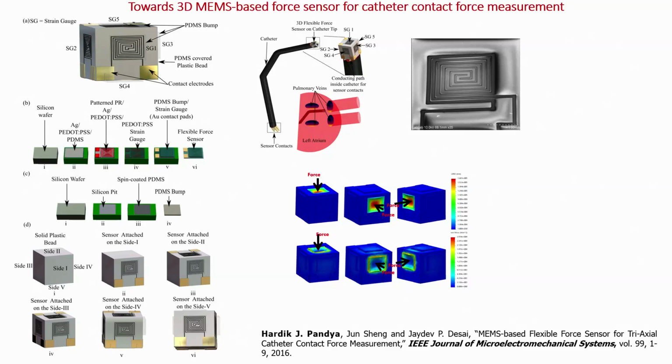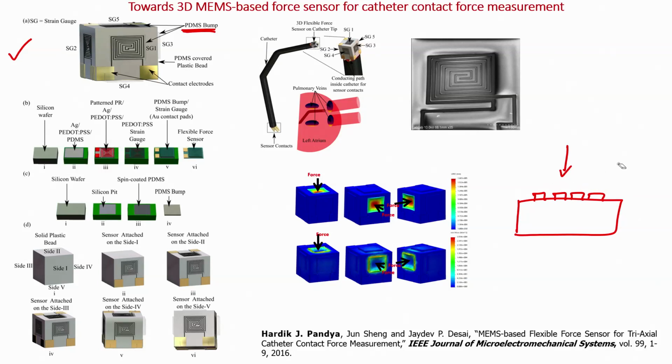Now, if you see this force sensor, what do you see here? You see that there are 5 strain gauges, right. Then on each strain gauge there is a PDMS bump. Why are we using a PDMS bump? Because if I have a strain gauge, let us say like here, and if I want to apply pressure, I do not know whether it will be here or here or here.